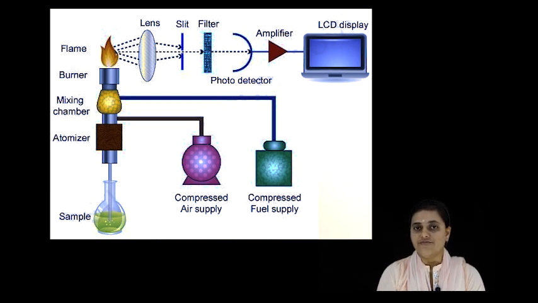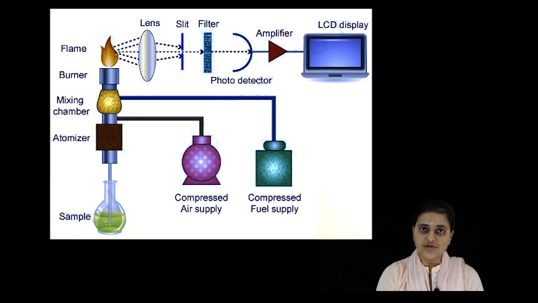After excitation, the last one is emission. As I already said, when the molecules are at a higher state they are highly unstable. The unstable molecules will not stay stable for a longer period in the higher levels. So they will try to come back to the stable, or ground, state.